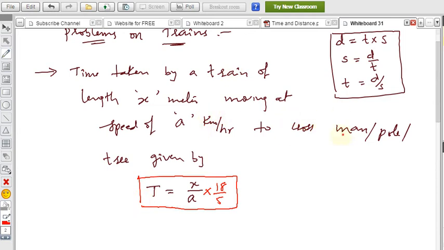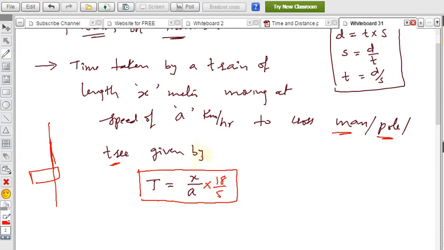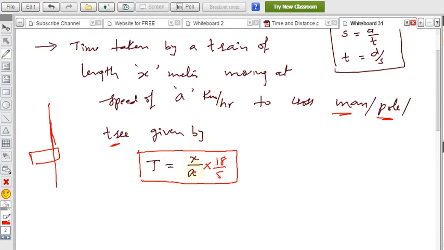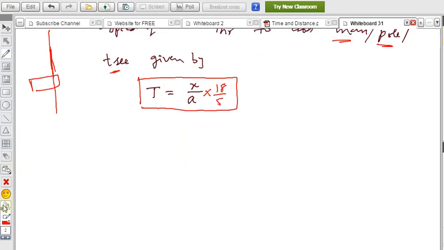Now this is for crossing a man, pole or tree. These are all like a single line, so the train crosses just one point. Some points I'll read.